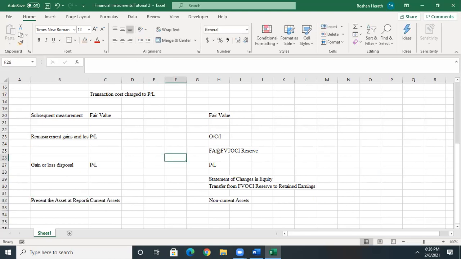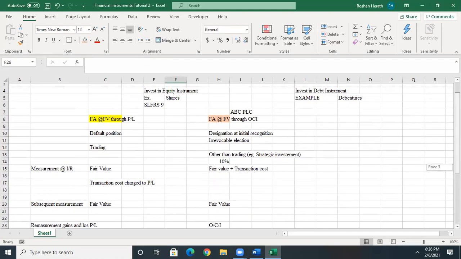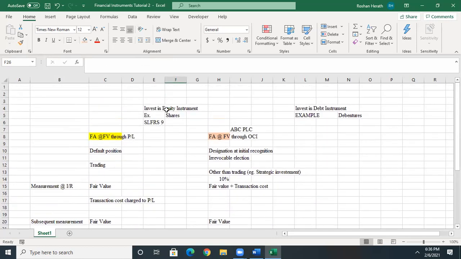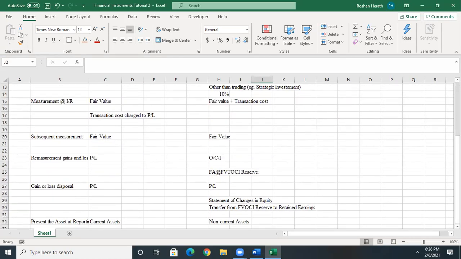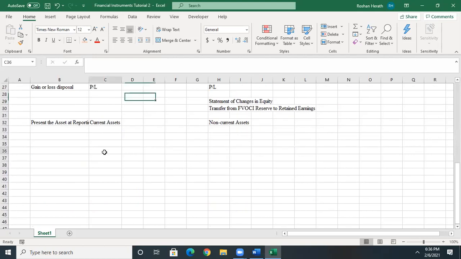Fine. So this is it. It's about the investment in equity instrument. But if we apply this particular thinking to the question that we got, we have to apply that.